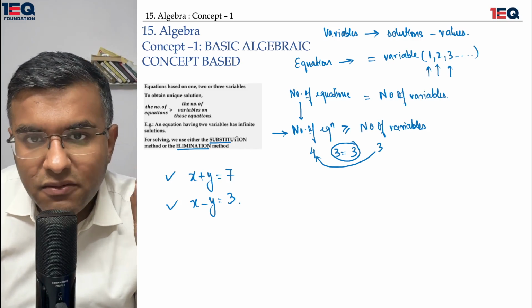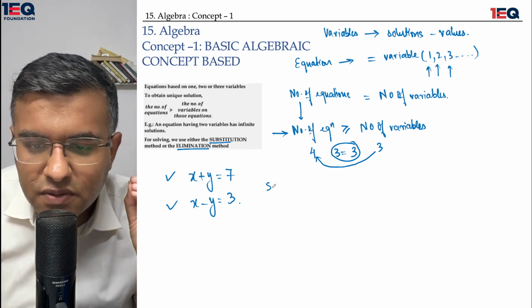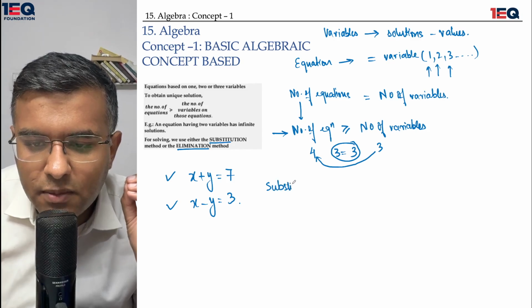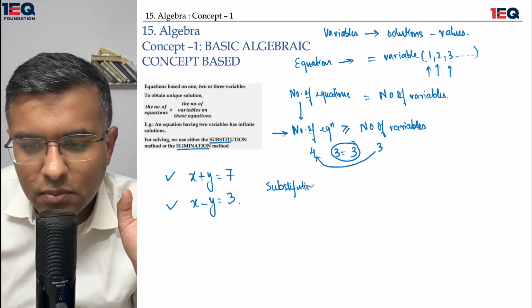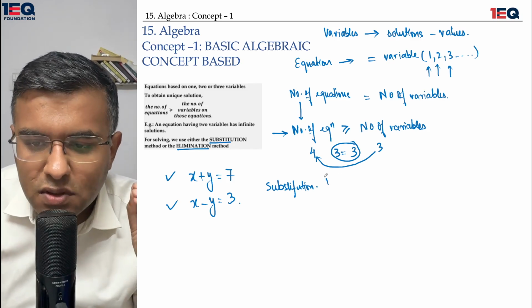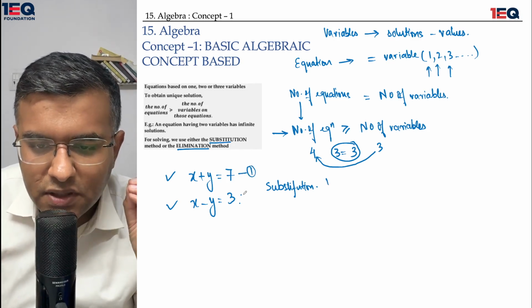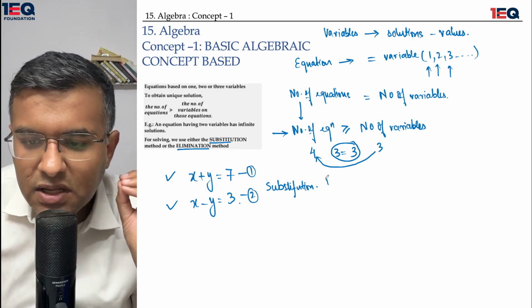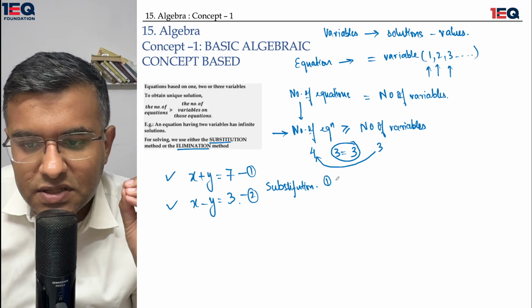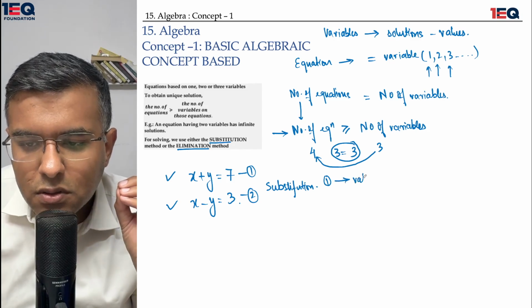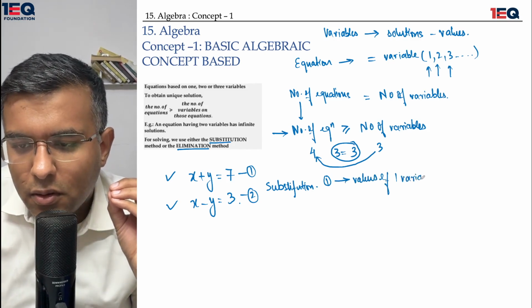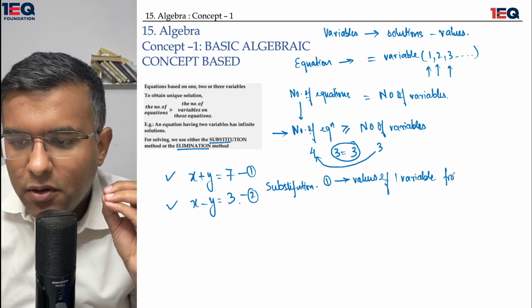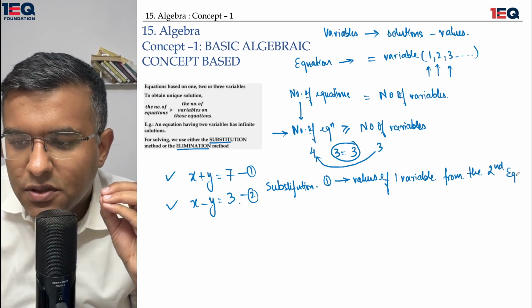So when we are trying to solve it with the help of the substitution method, let's assume this is the first equation and we assume this to be the second equation. At that point in the first equation itself, we put in the values of one variable from the second equation.